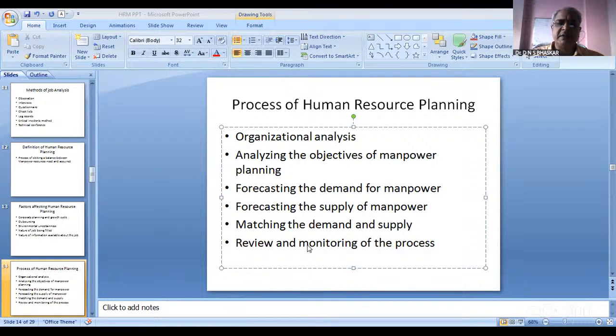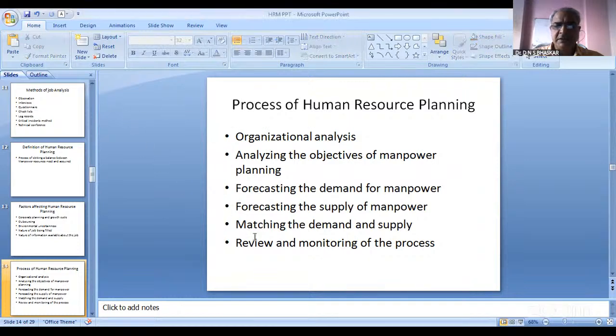In this process, we analyze the objectives of manpower planning, and at the same time, in organizational analysis, we have to examine the various factors influencing the organization at the organizational level: what are the favorable factors and what are the unfavorable factors for the organization. Which type of sector it is and what is the size of the organization, all these aspects must be considered for this purpose.